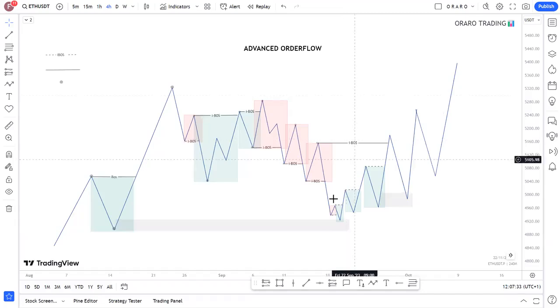All right, so you can see how this structure continues being bullish.